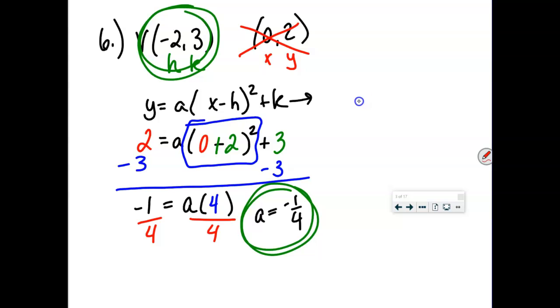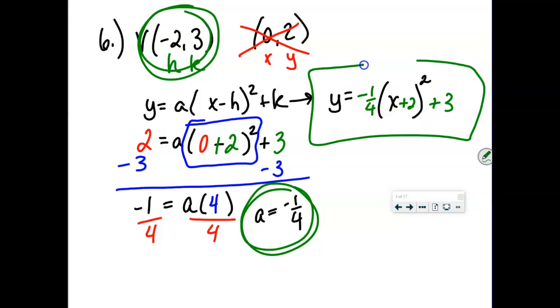We just used that to find the relationship between A and X and H and K and all of them. All right, so Y equals A, now we know, is -1/4. And then in the parentheses, it's going to be an X plus 2, I heard. Very good. Don't forget squared on that parentheses. And then plus 3 on the end. There's your formula.